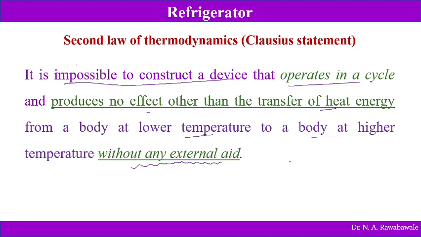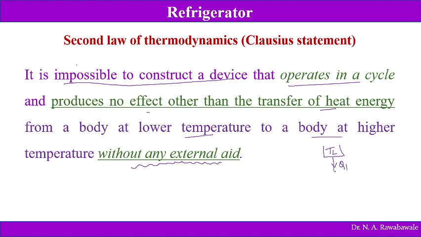So what it is saying is, for example, there is a refrigerator which absorbs heat energy from a body at a lower temperature, and this amount of heat energy absorbed is Q1, say.